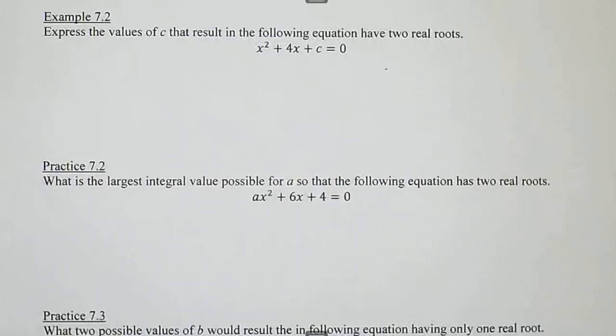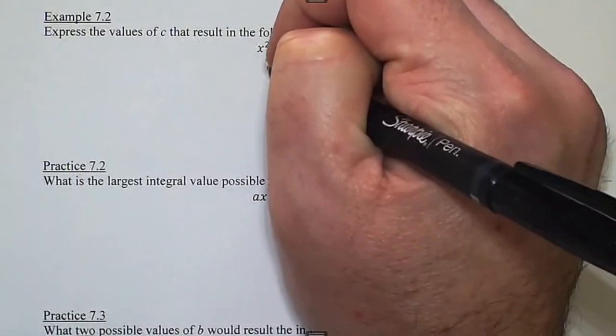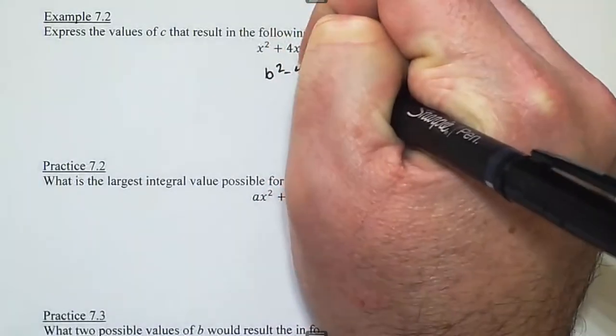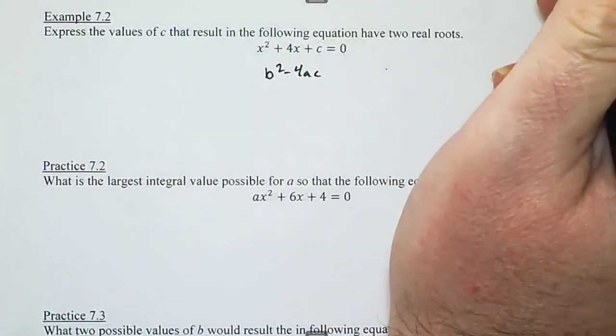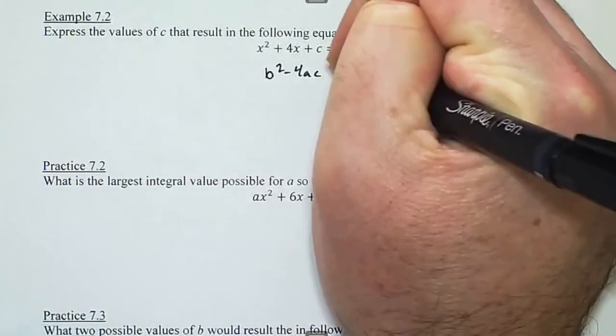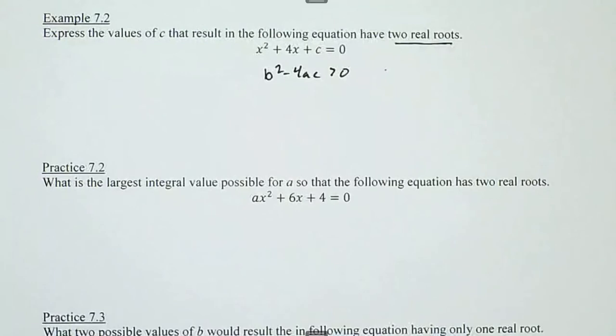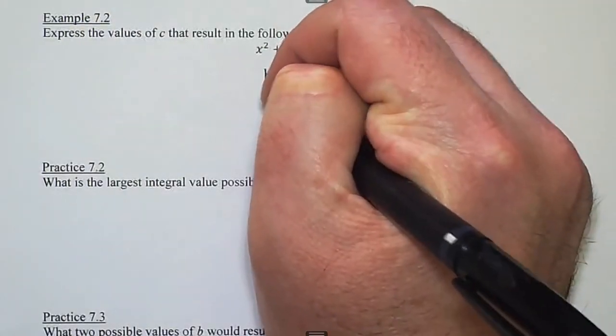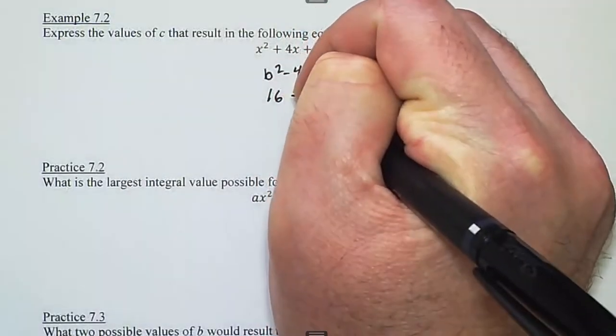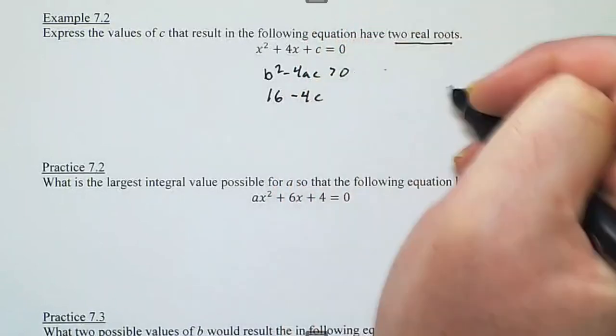Let's see how that works out mathematically. So we know that b squared minus 4ac, to have 2 real roots, has to be a positive number. That's what having 2 real roots means. It means b squared minus 4ac is greater than 0. My b is 4, so I'll call that 16. My a is 1, and I don't know c.